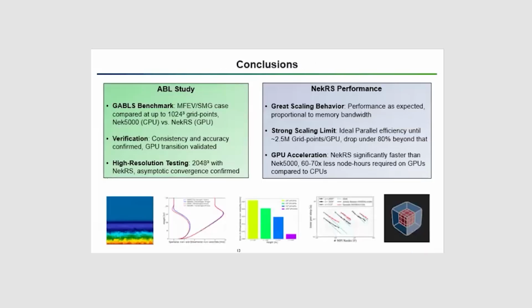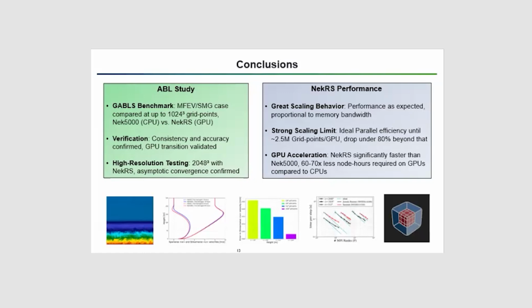Last but not least, we have the CPU scaling results. With the blue line, we can see the performance of NEK5000 for the 512 cube case. With the red line, we have the performance of NekRS on the same CPUs as NEK5000 in the same case. And for a reference, we have with the black line the performance of NekRS using GPUs. These simulations were run on LUMI-G.